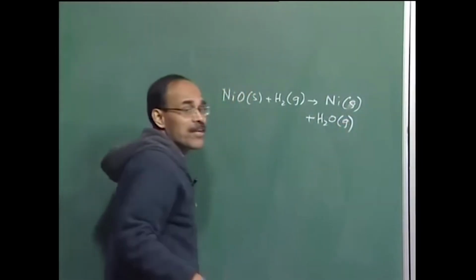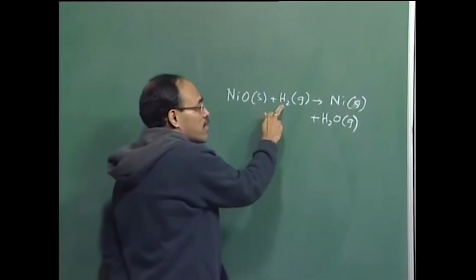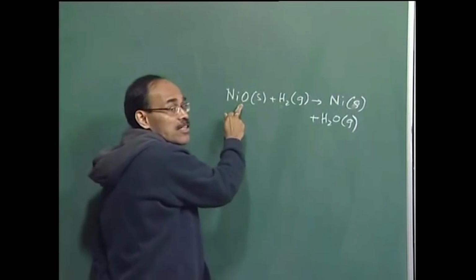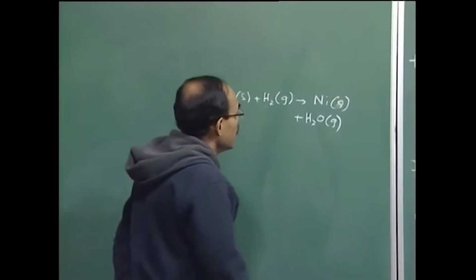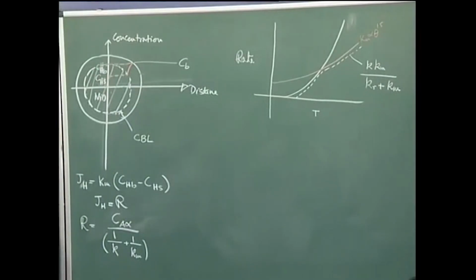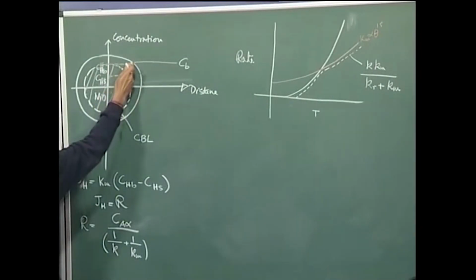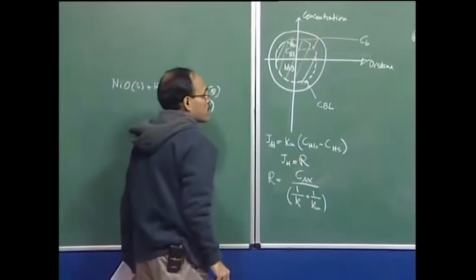So, the rate of the forward reaction is represented in terms of C sub Hs if activity is equal to 1, okay, and what is shown here is how the concentration goes from the boundary layer to the surface concentration.